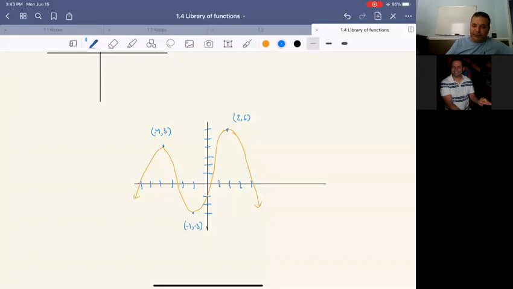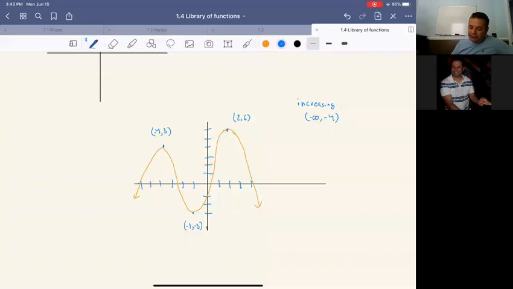So now, what's happening here? Before negative 4, this thing is increasing. Okay, so we're going to write that as it's increasing from negative infinity to negative 4.